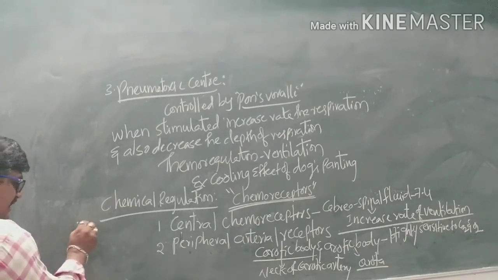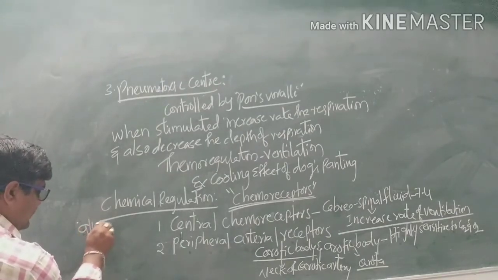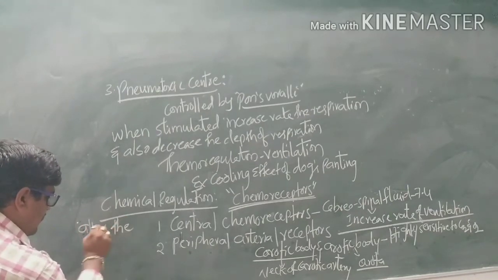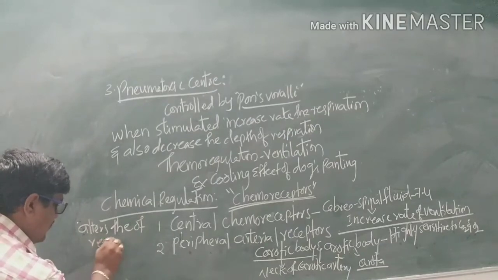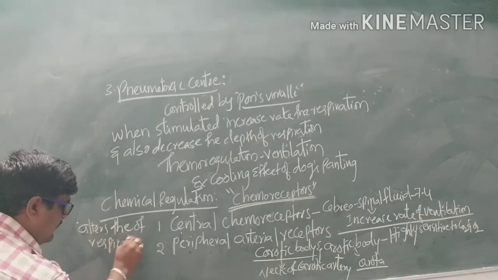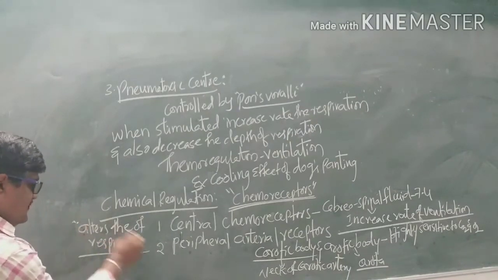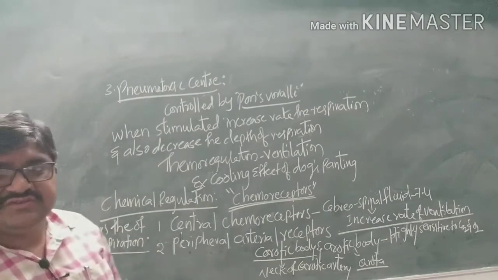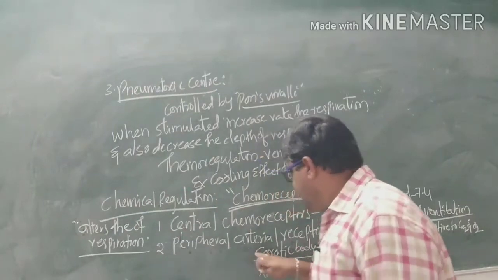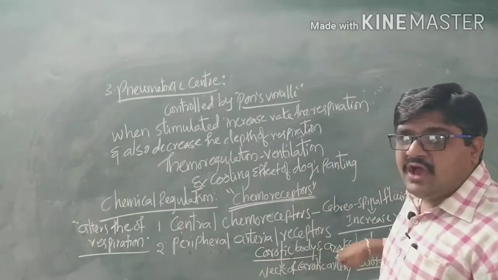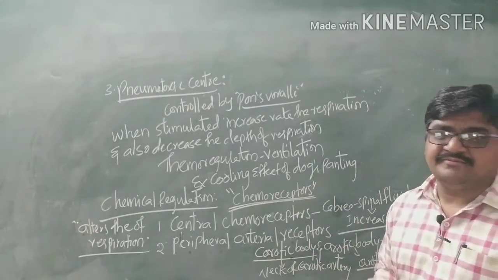The main function here belongs to the chemoreceptors in the peripheral arterial receptors, which alter the rate of respiration. That is the main function performed by the peripheral arterial, that is carotid as well as aortic, chemoreceptors.